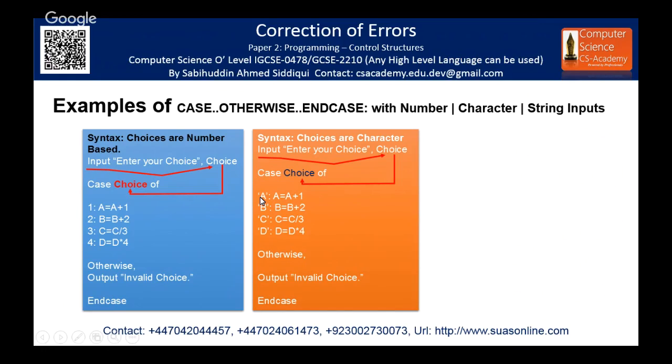You have changed the structure of switch into character based, so this also works. Otherwise output invalid choice, if you have entered, let's suppose P, K, L, M, any other characters other than the mentioned characters, you will see that the default invalid message will appear.